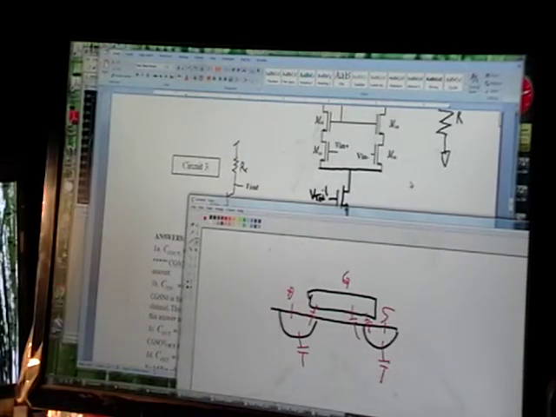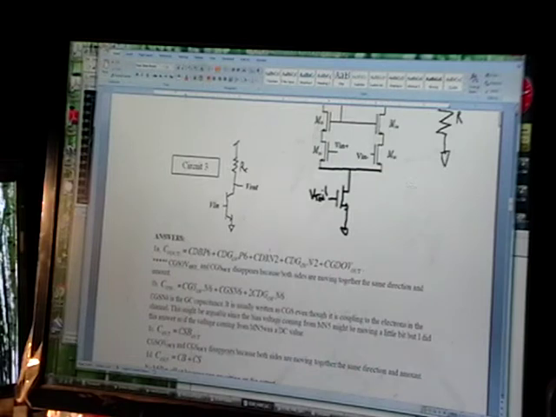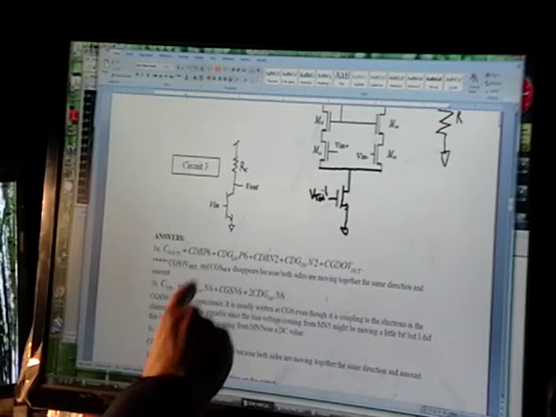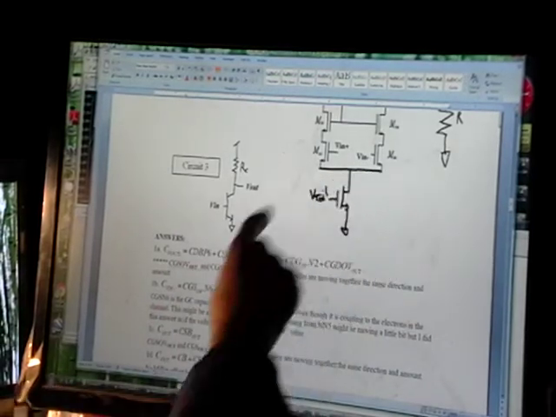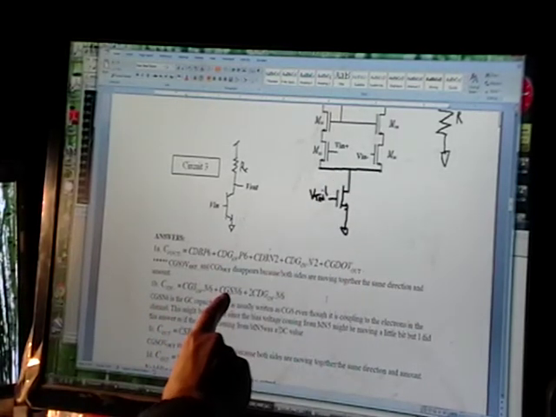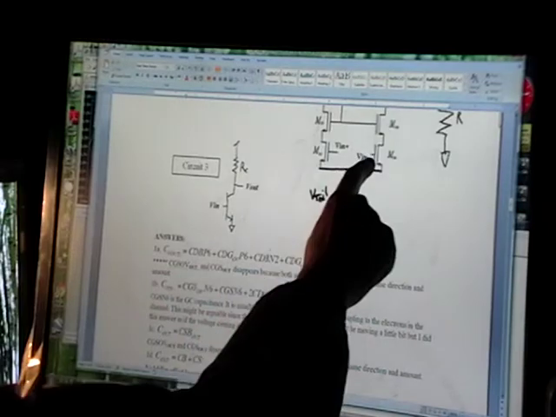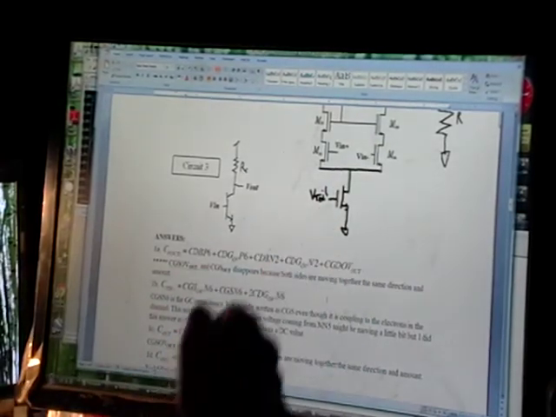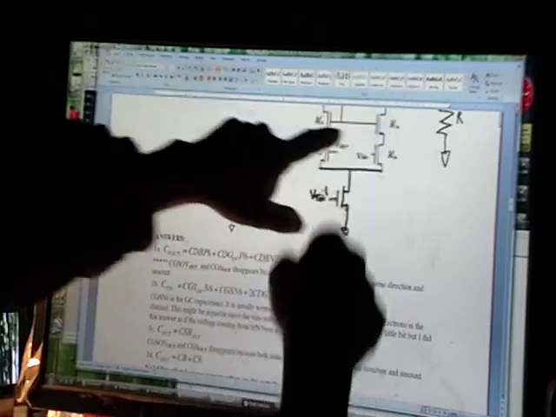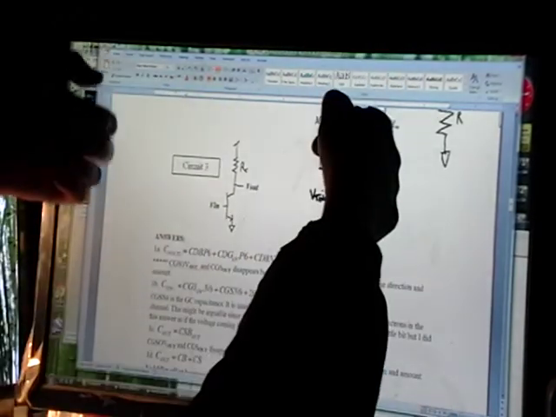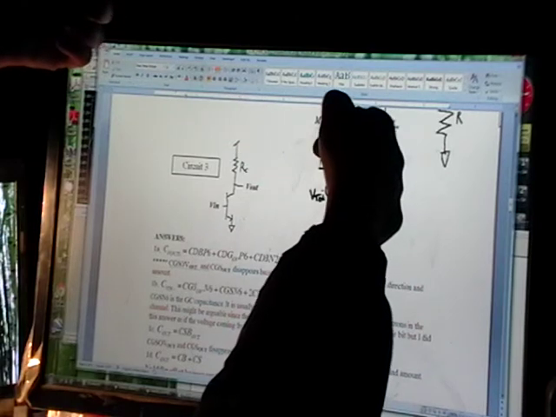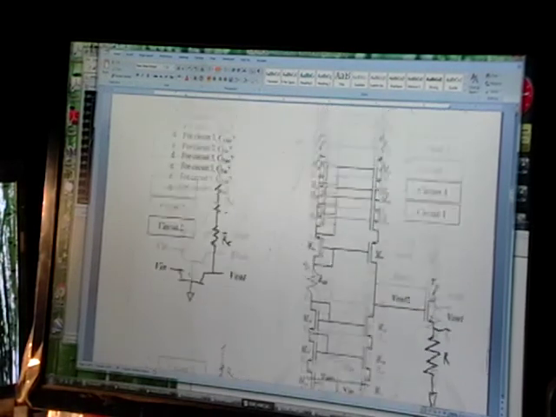So what you actually get is you get a 2 across that capacitance. So what you see is the gate source overlap, since this is basically a ground here, and then you see the gate source, and then this capacitance to the drain, that gets multiplied by 2. The node here is going down by the same amount that V in is going up. Okay. All right, so let's see, 3.